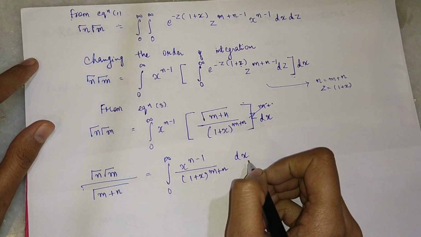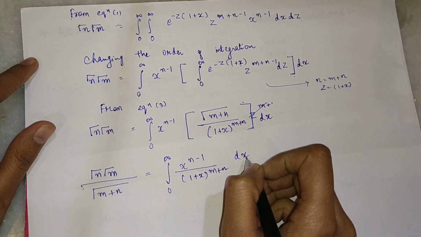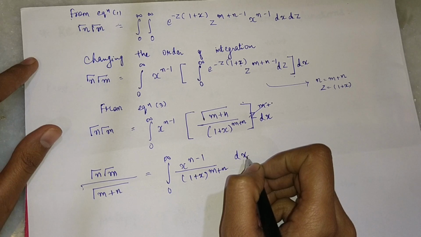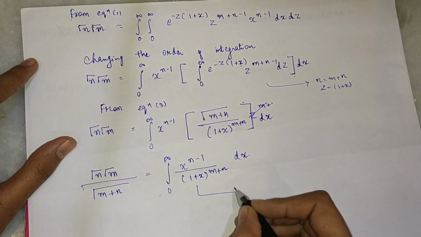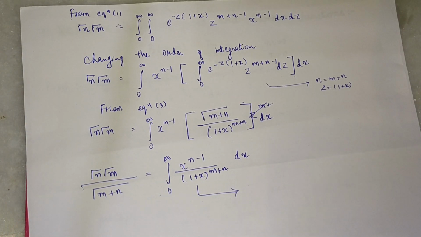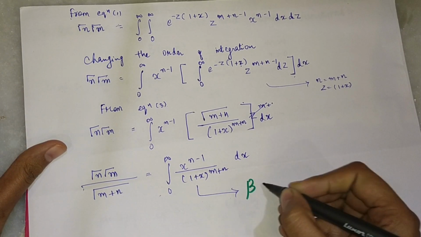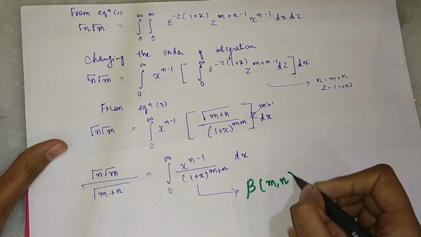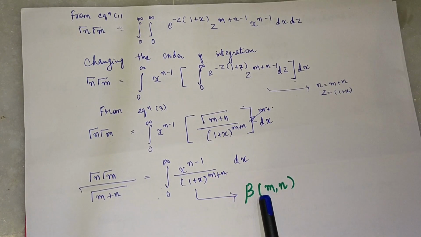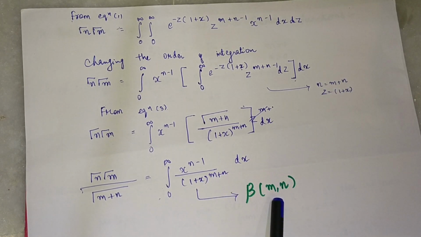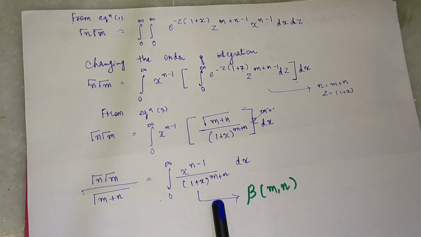Okay, but in the previous lectures we proved that this term is equivalent to beta m comma n. Okay, and further in the previous lectures we have proved this, that this term is equivalent to this.